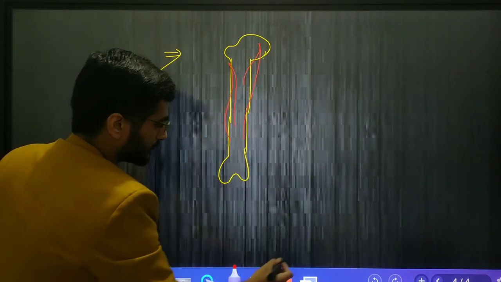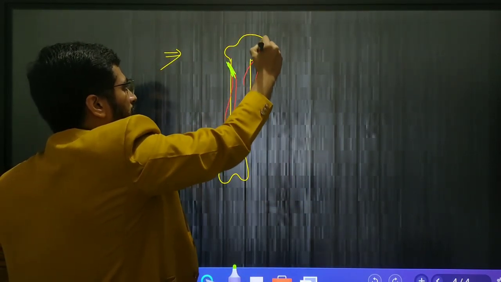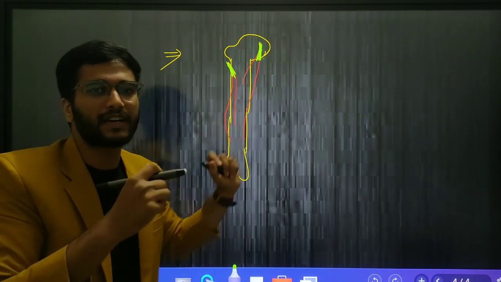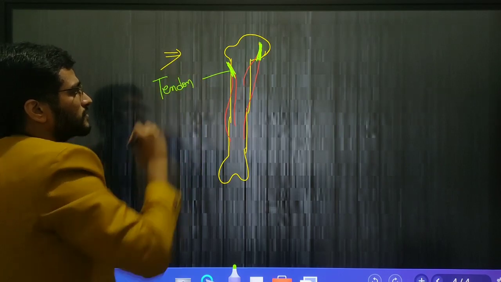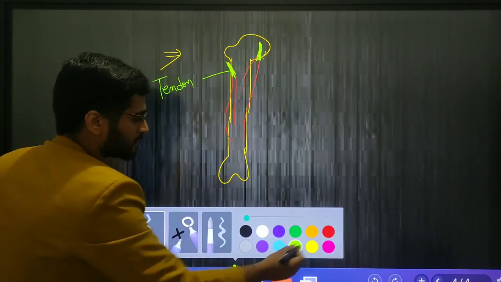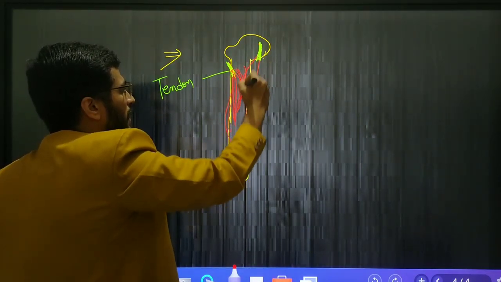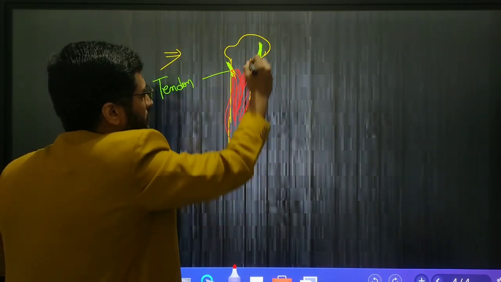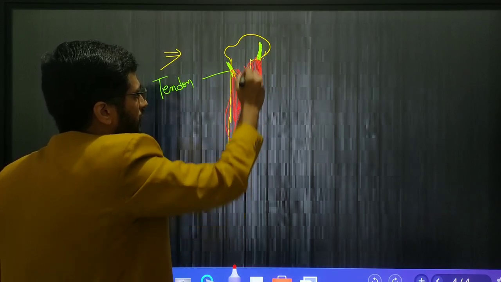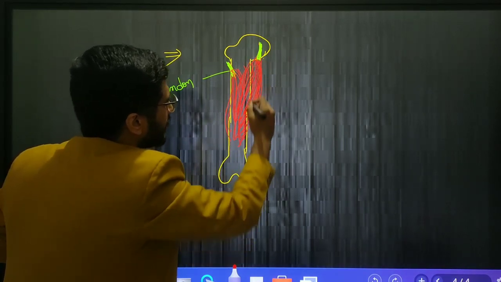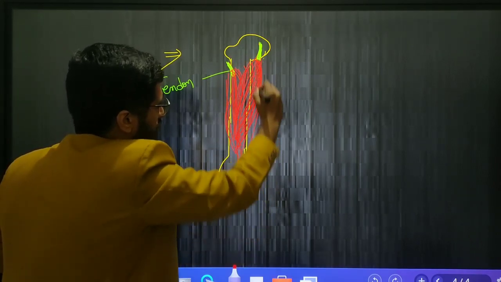The upper part of the origin, the fibrous origin, is a little bit thicker, and that is known as the tendon. After the origin, the muscle fibers become fleshy, and these fleshy muscle fibers make the main part of the muscle like this.